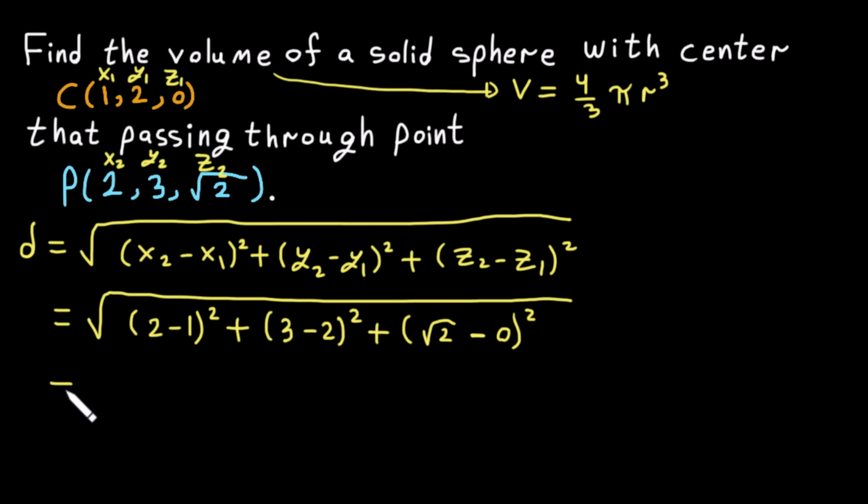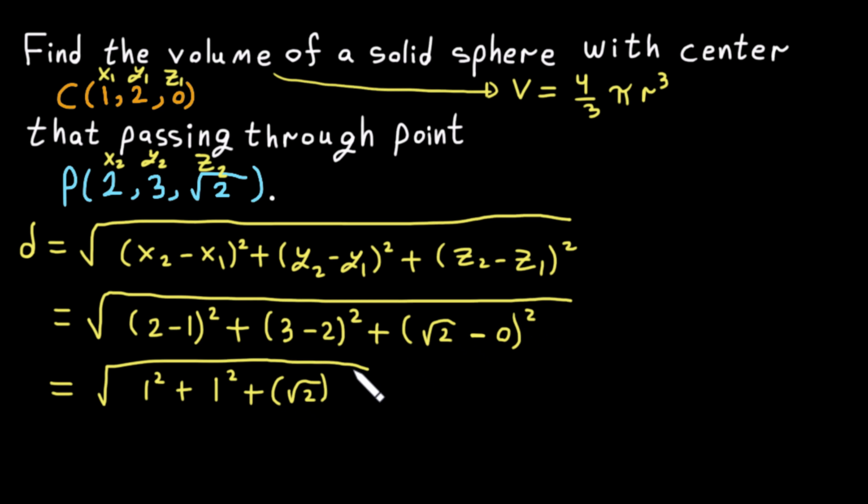Now let's simplify this. Again, the square root of 2 minus 1, which is 1, squared, plus 3 minus 2, which is 1, squared, plus the square root of 2 minus 0, which is the square root of 2, the whole thing squared.